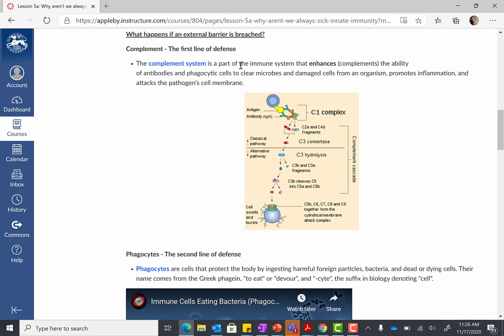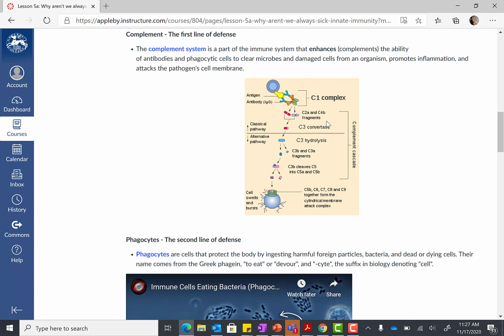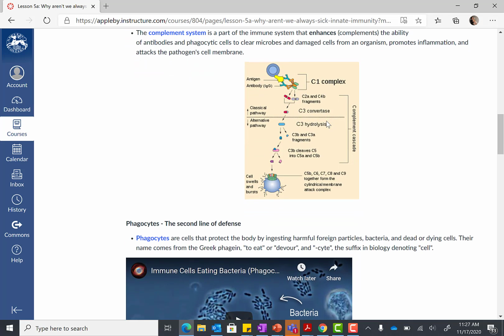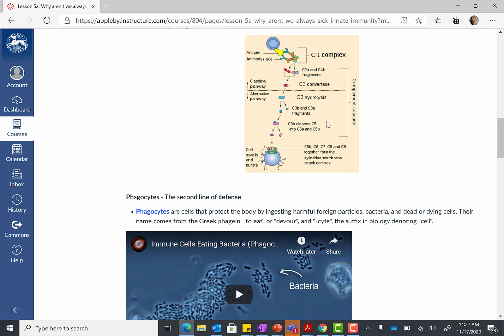It says the complement system is part of our immune system that enhances the ability of antibodies and phagocytic cells, and we'll talk about what those cells are, to help clear away microbes and damaged cells. They're just chemicals that are released that help to activate our white blood cells. They can also help promote inflammation and basically are amping up our primary line of defense to help fight off any invading microorganisms. So that's complement. It complements our innate immune system.